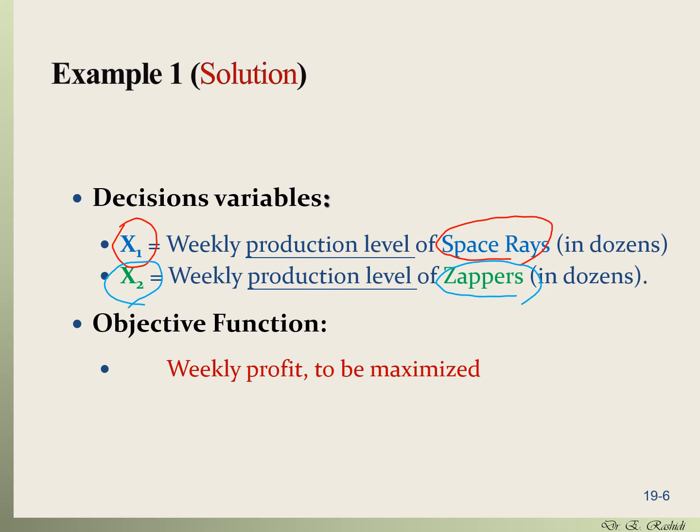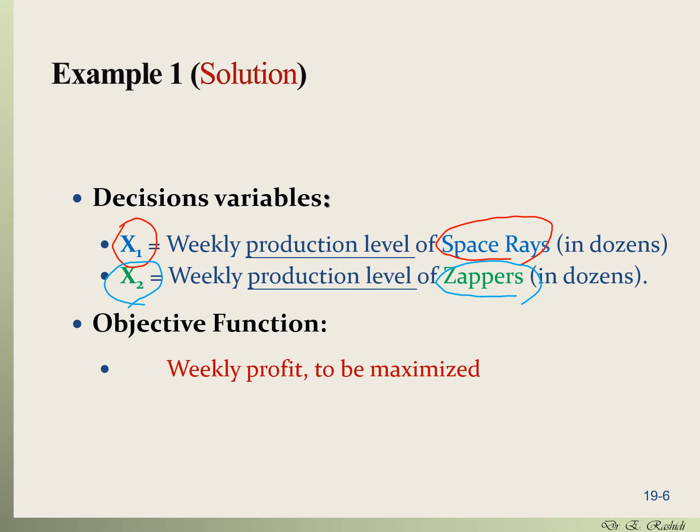The next step is the objective function. The objective function is to maximize the weekly profit. That's what the manager wants to do: maximize the profit by producing space rays and zappers such that the production requirements and resource limitations are all met.